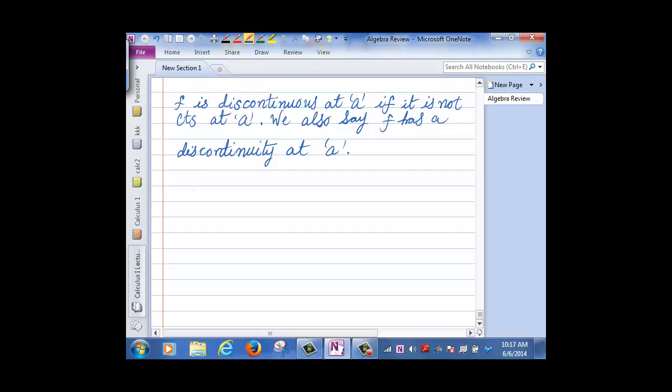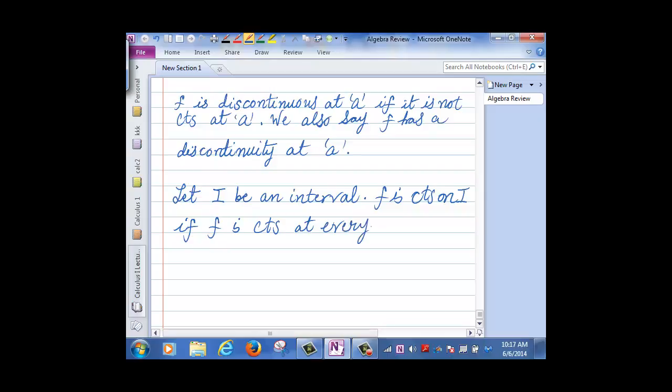Another thing that I want to write is that let I be an interval. f is continuous on I. When we say that f is continuous on I, what we mean is that f is continuous at every number a inside of I, okay?